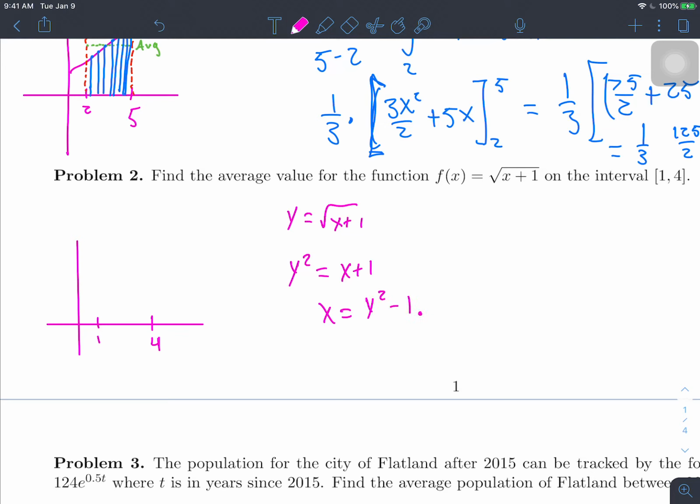Does that give you any ideas? If I gave you the equation y equals x squared minus 1, what shape would that have? Yeah, it'd be a parabola, right?